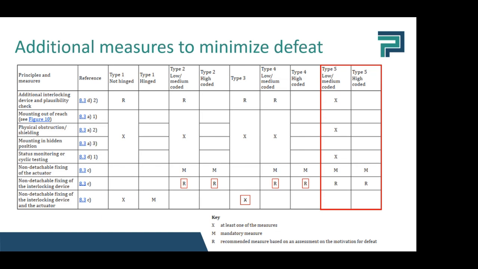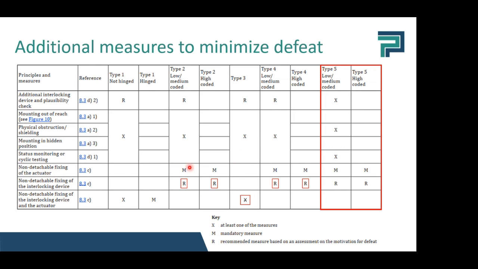Some things became recommended, and also obvious type 5 interlocking devices also have their own recommendations now for measures to defeat. For example, if we have a type 3 interlocking device, it's recommended to perform additional plausibility checks, or one of these measures has to be implemented.